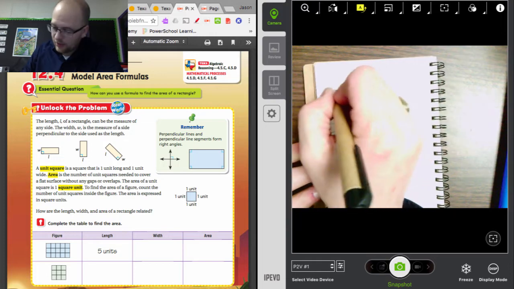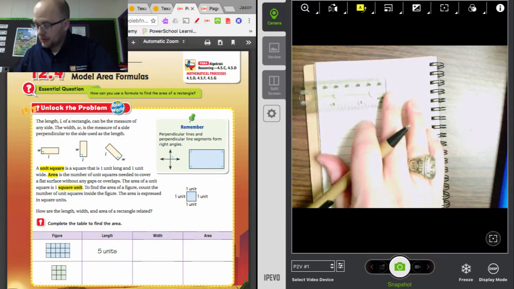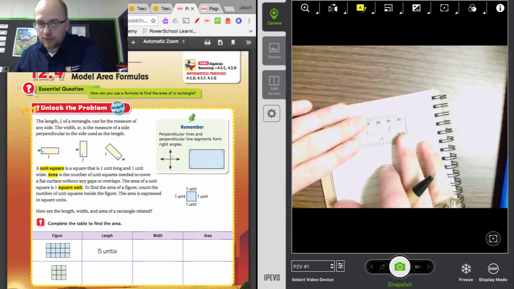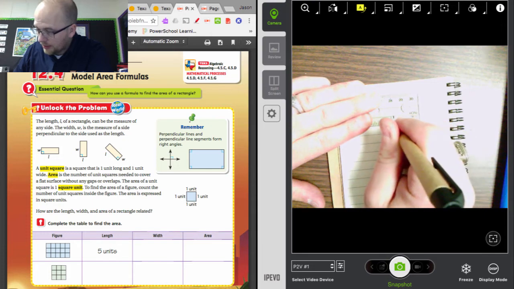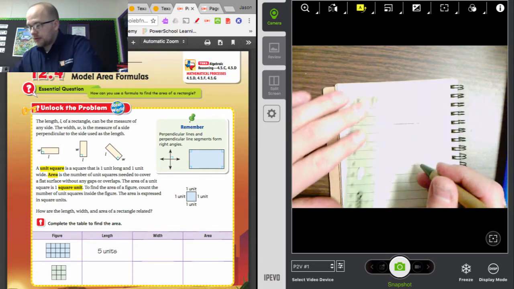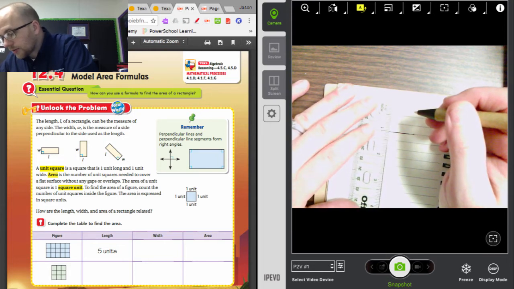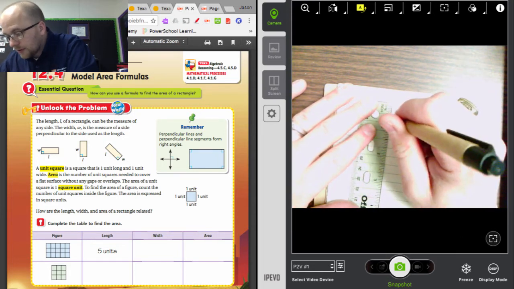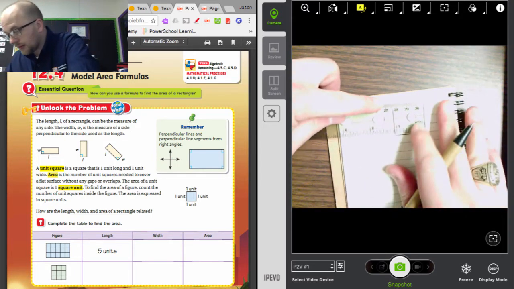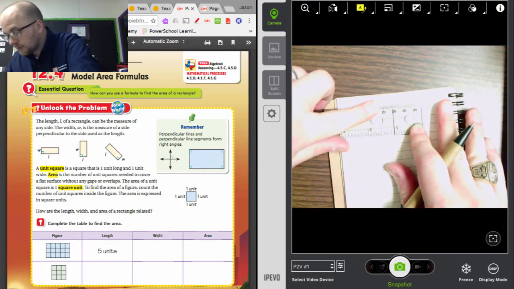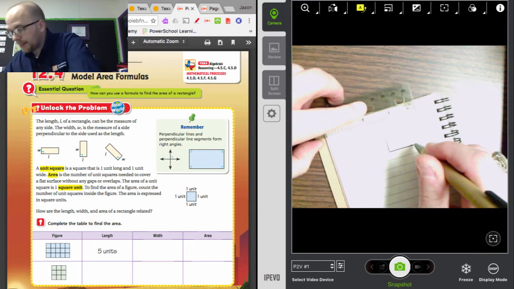So if I have a ruler and I measure a square inch, that means that I have 1 inch this way, and that wasn't 1 inch, that was about 1.5 inches. 1 inch, nope, that was right.